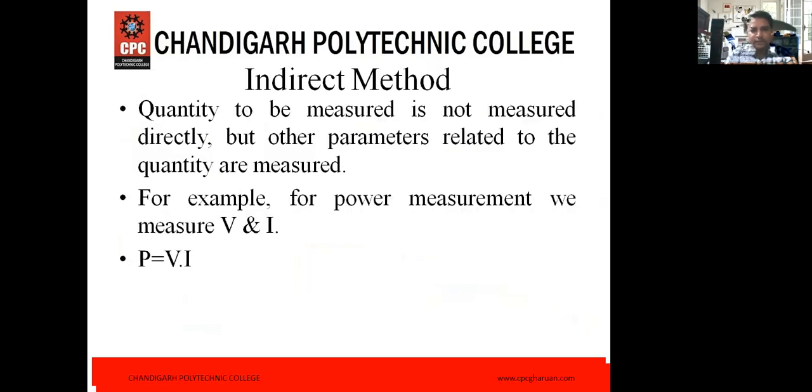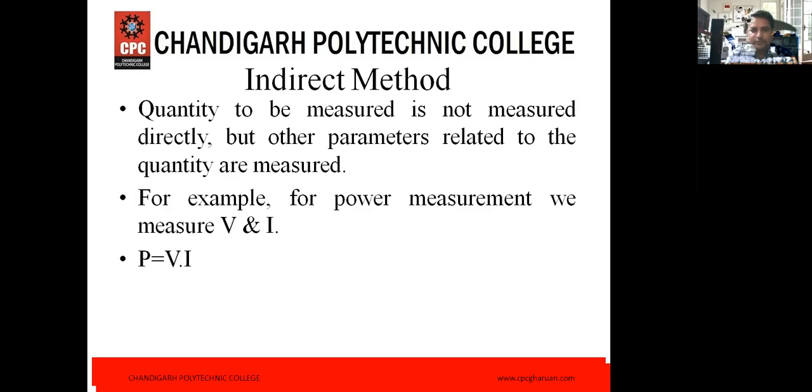Next is the indirect method. In indirect method, the quantity to be measured is not measured directly, but other parameters related to the quantity have to be measured. For example, if we talk about the power, we know that P is equal to VI.